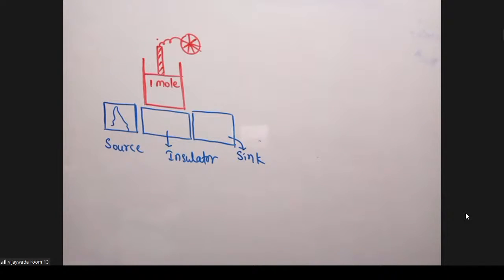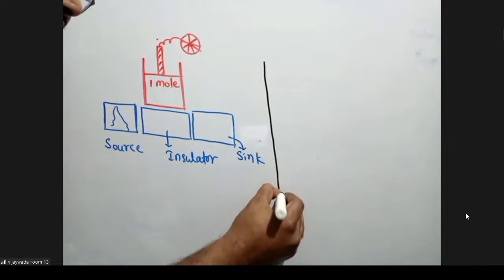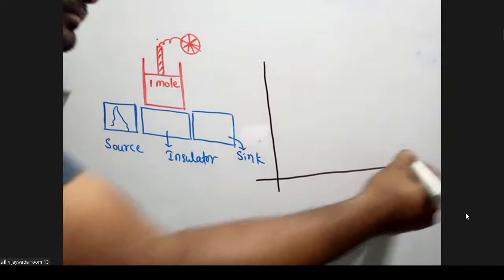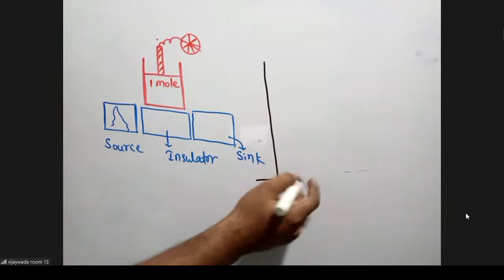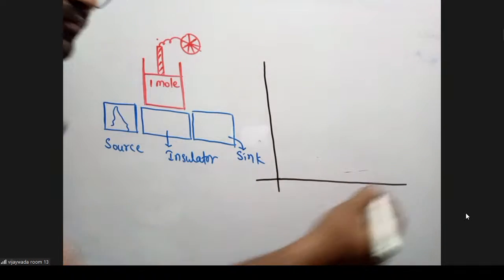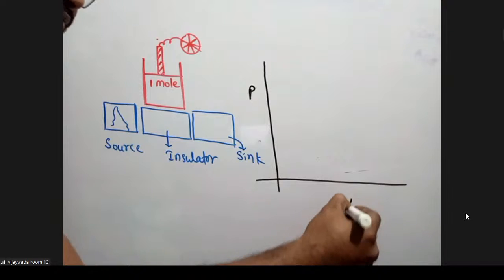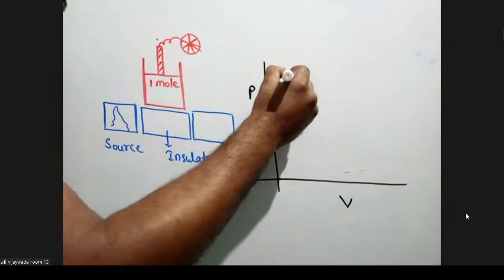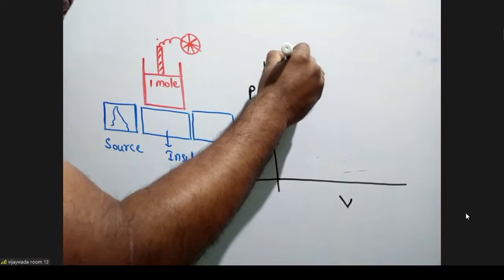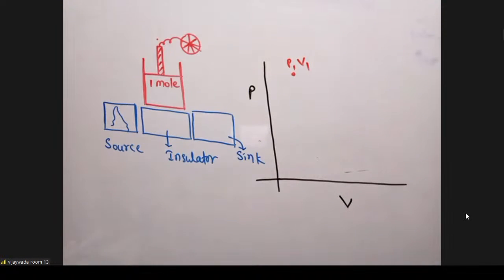Okay. So the graphical representation of this heat engine is very, very important. Pressure versus volume. Initial pressure is P1, volume is V1.